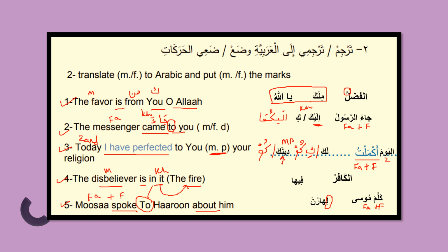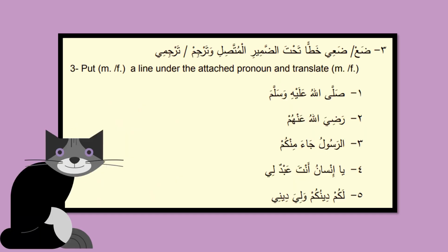We are still in jumla failure, right? So kallama Musa li Haruna, about him. So "about" is an, and what kind of pronoun will you take? Him, from the ghaib, single male, anhu. So this will be your translation.